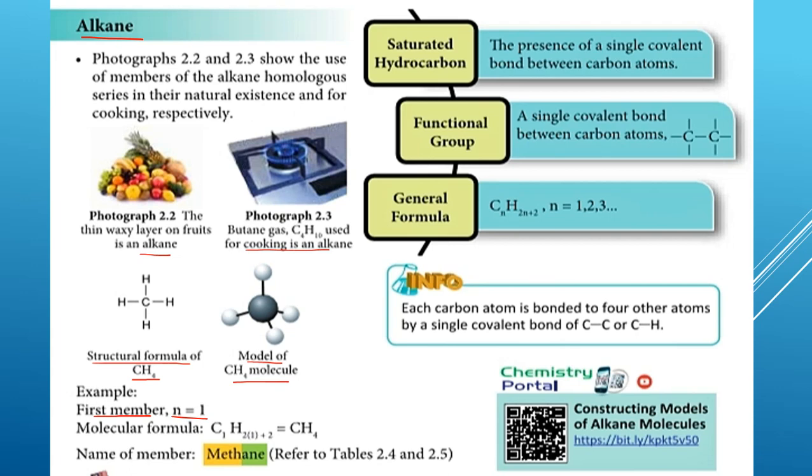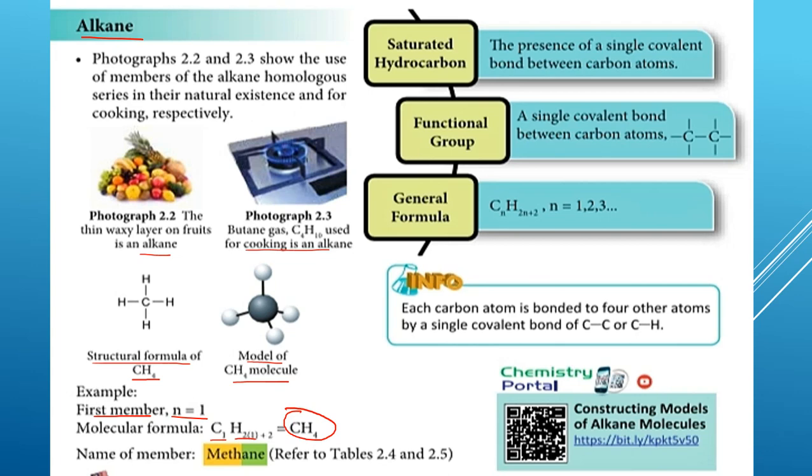So the molecular formula is C1 H2 times 1 plus 2 becomes 4, so CH4. So this is the first molecular formula for the alkane member. The name is methane, the root name added with the suffix, so methane.